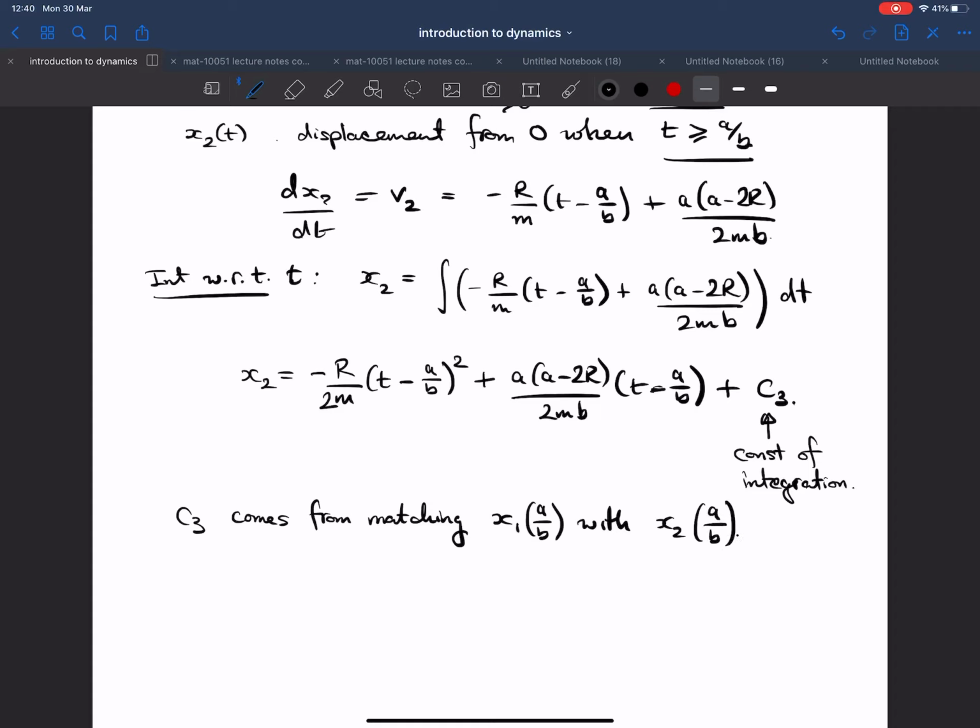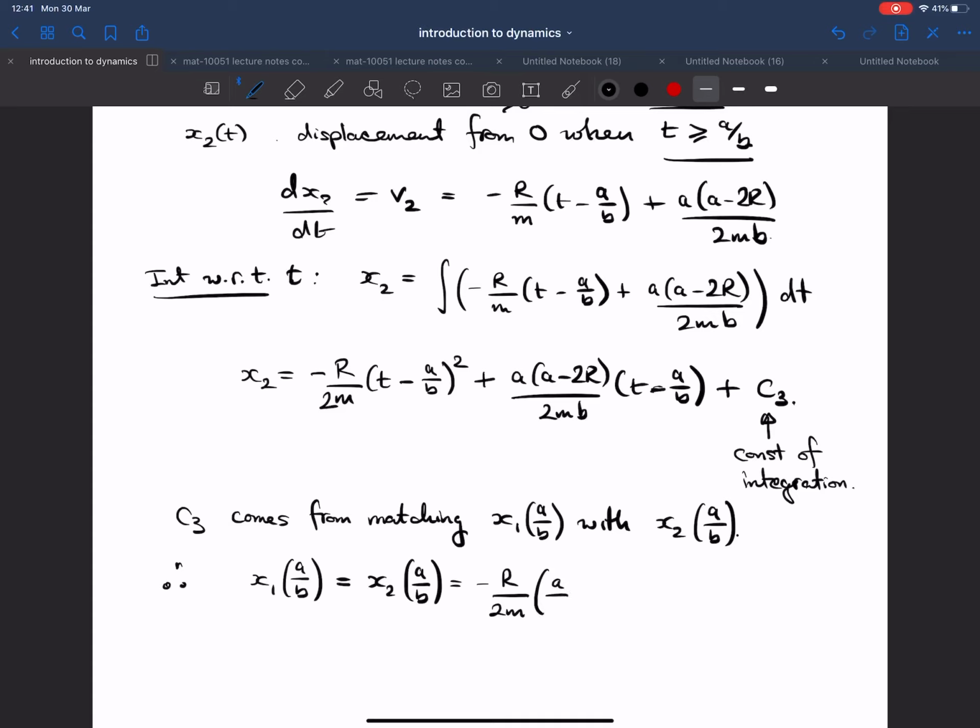So x1 at a over b, which I won't write down for now, I'm going to leave that as homework for you, should equal the value of x2 at a over b, which according to our expression is this nightmare of a thing.